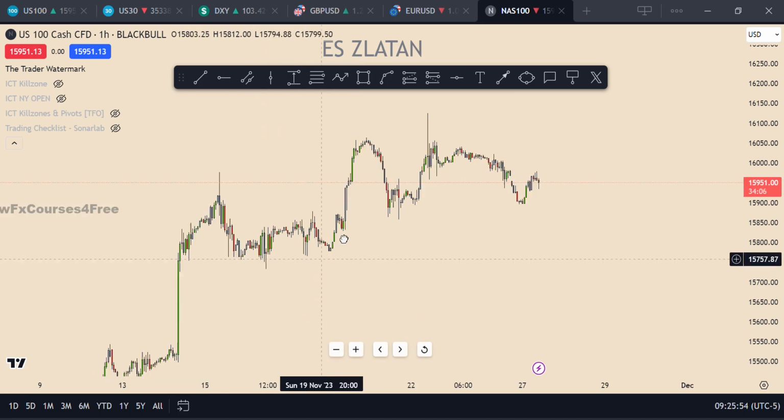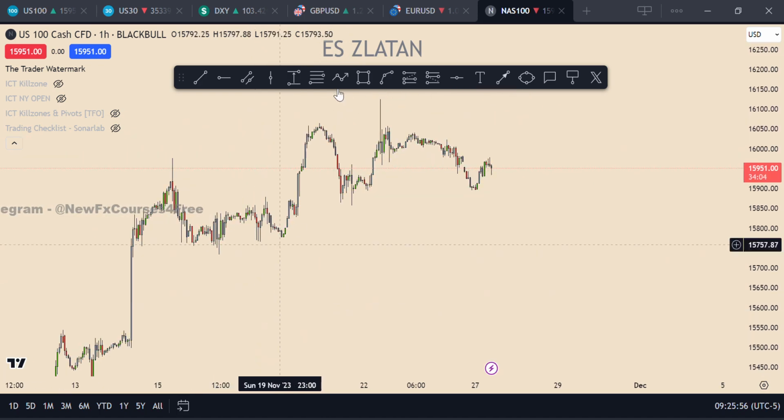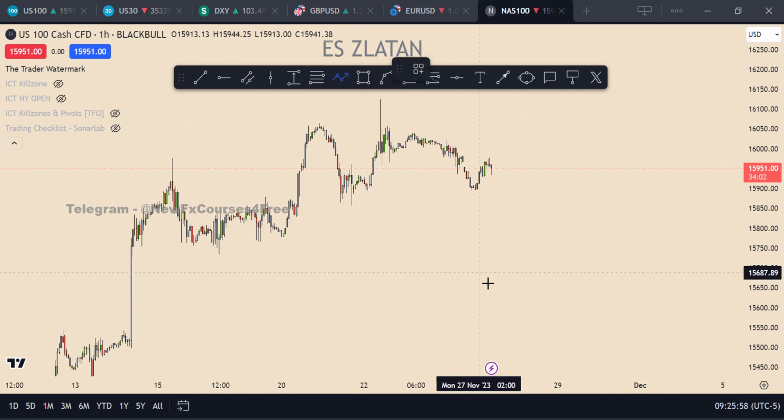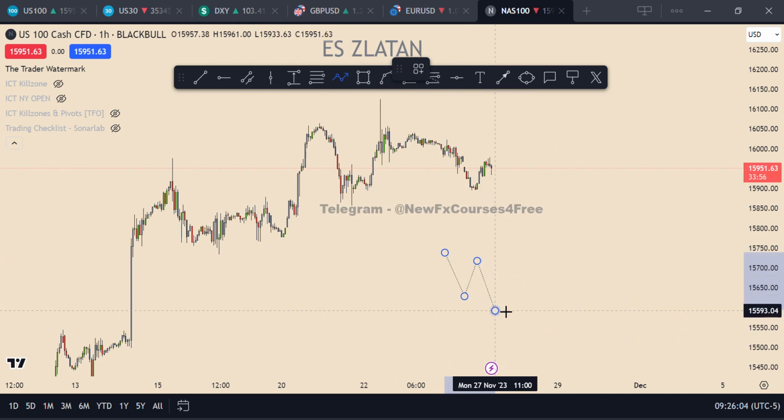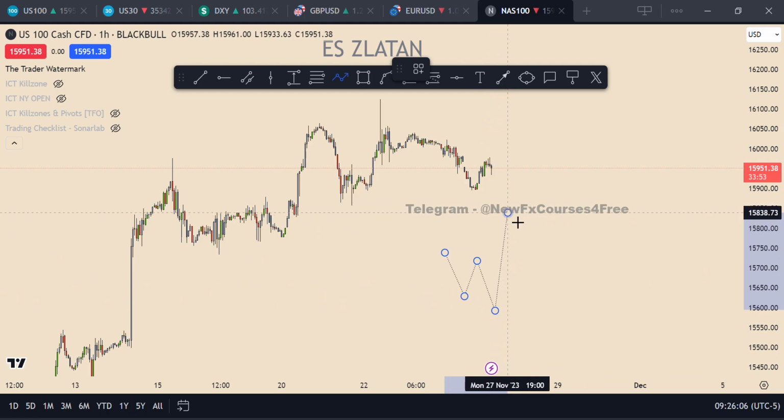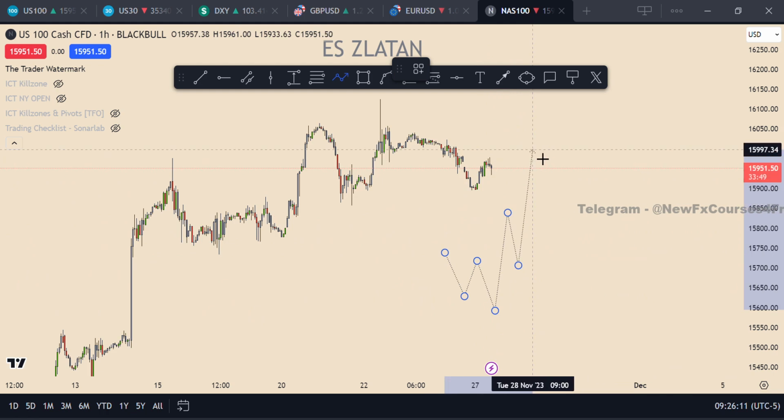Now, how does this model work? It works in the form of patterns. You see the market goes down and up, and then we take a sweep below, and then we break, and then we have a retest to the breaker, and then we go further.